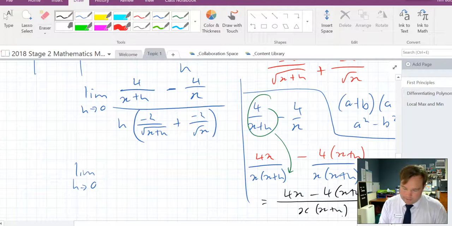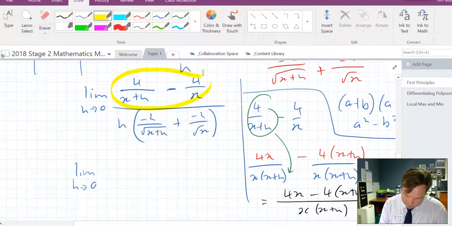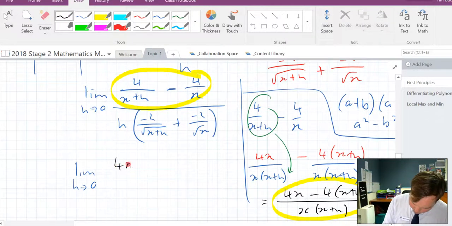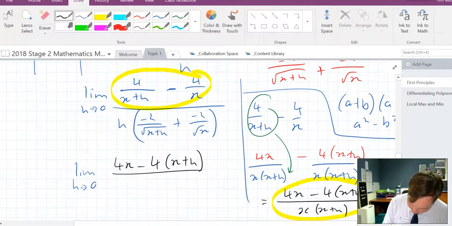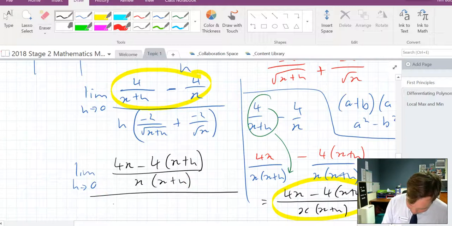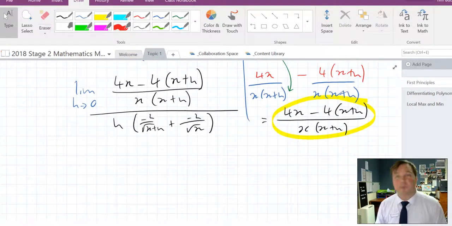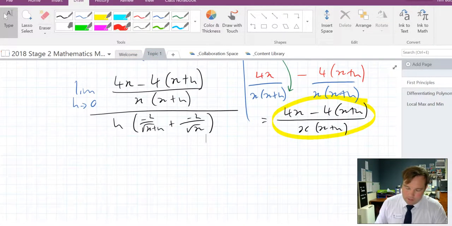So that is this pair of fractions here written as a single fraction. Yep. Ugly, but you will get similar ones to this.